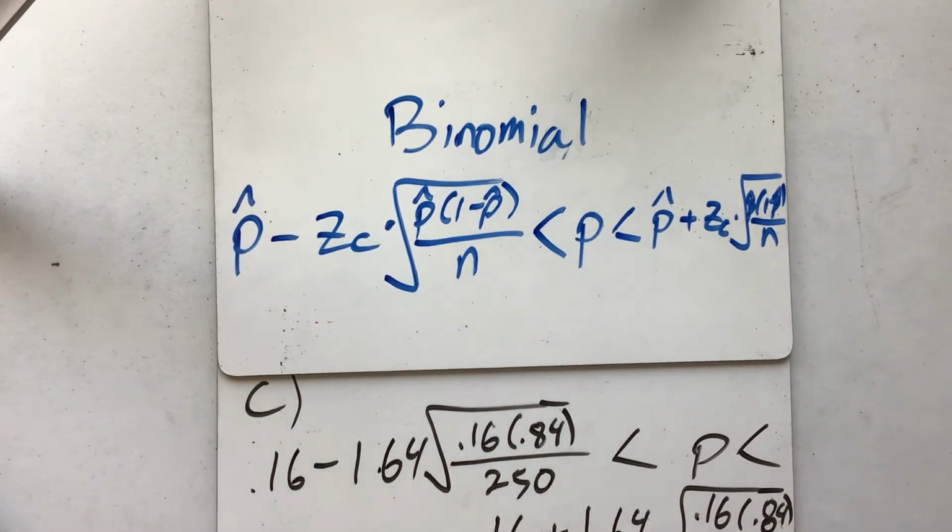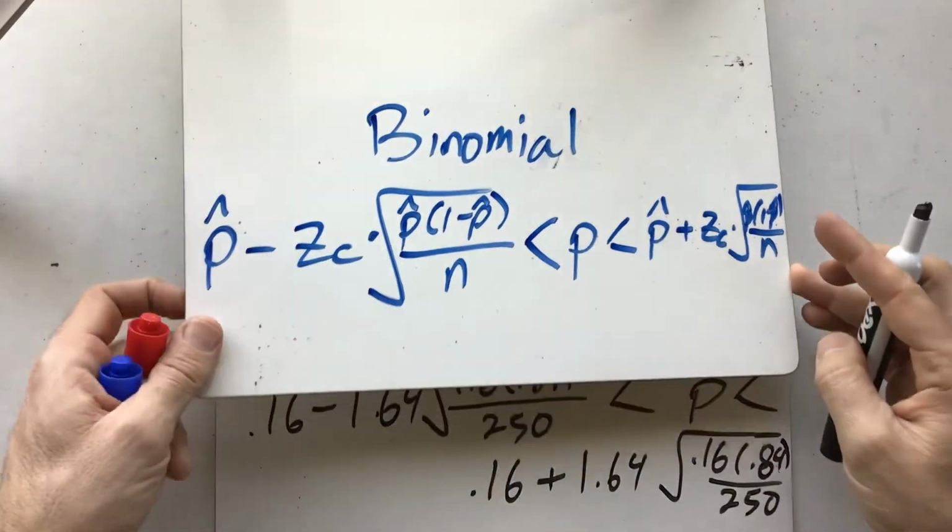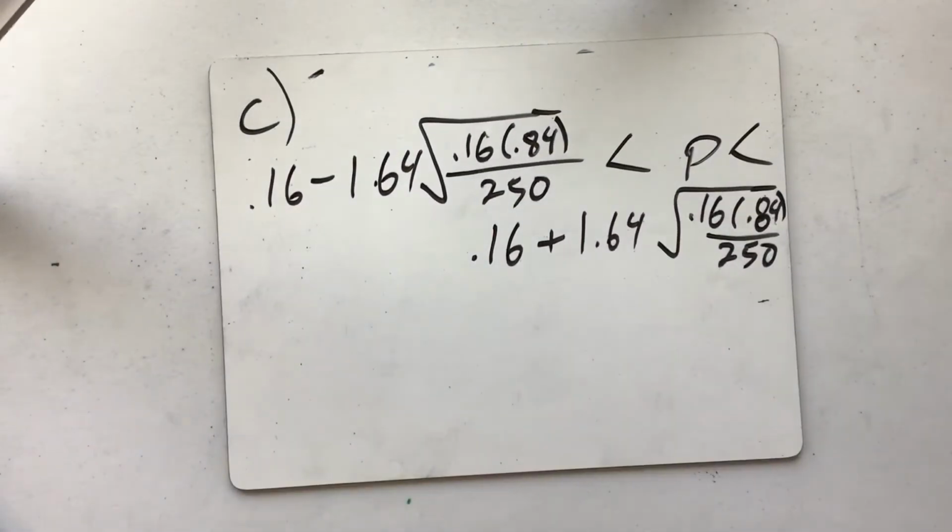Okay, so we've got all those pieces, and now it's just a matter of, can I successfully type it in my calculator? I sure hope I can. Let's see if I'm successful. I'm going to do 0.16 times 0.84, divide that number by 250, take the square root of it, and then multiply that by 1.64.